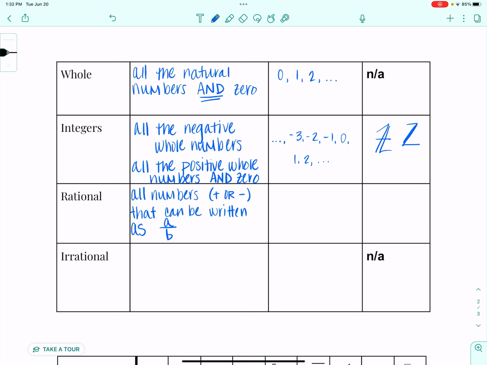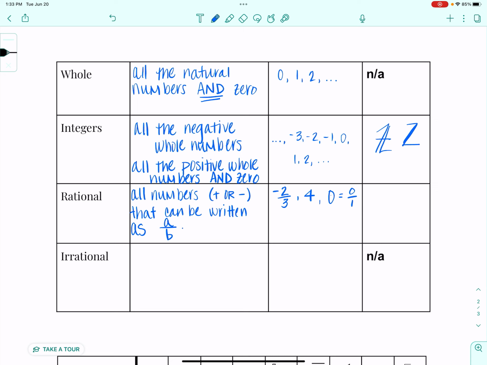So one whole number divided by another whole number. Remember, though, that this includes the negatives, so we could have -2/3. This could be a +4. This could be 0, because remember, you can write 0 as 0/1.